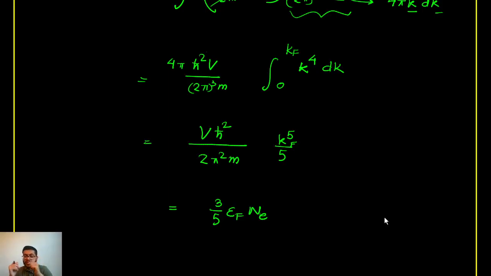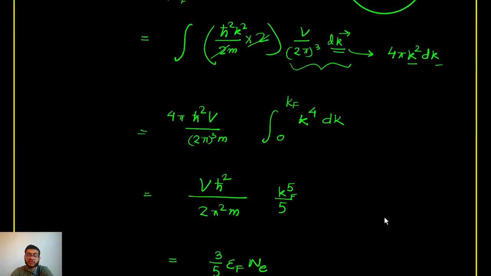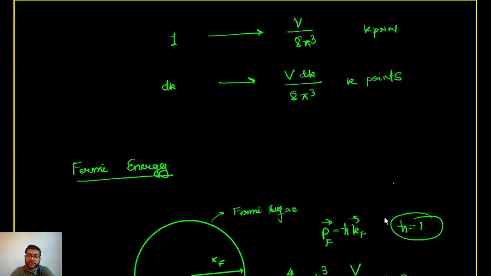There is a significant amount of total energy that the ground state has because of the Fermi-Dirac distribution function. The lower states are already filled with electrons, so the rest of the electrons have to go to upper and upper states and fill up till the Fermi energy is achieved. So the ground state of a Fermi gas has some energy.